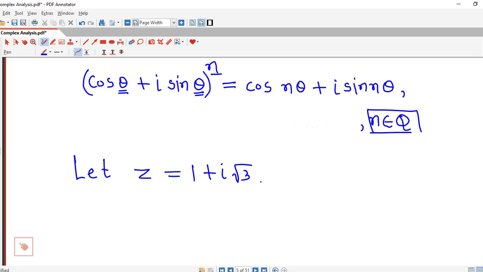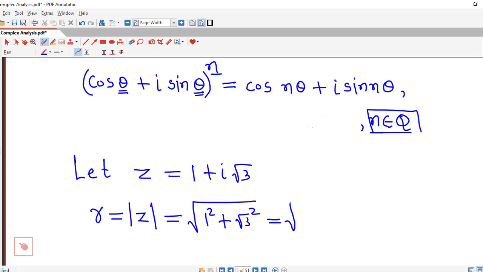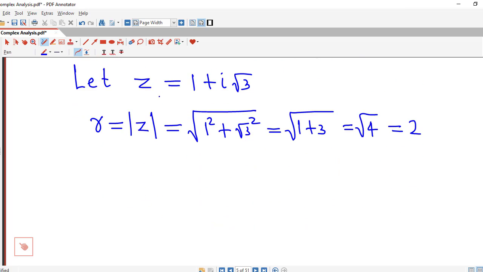As we know, we have to find the absolute value of z and the argument of z.